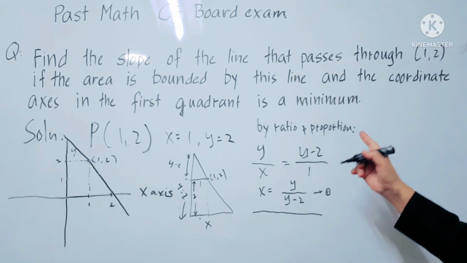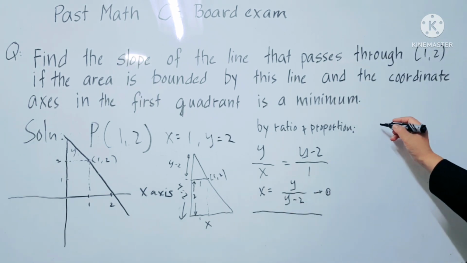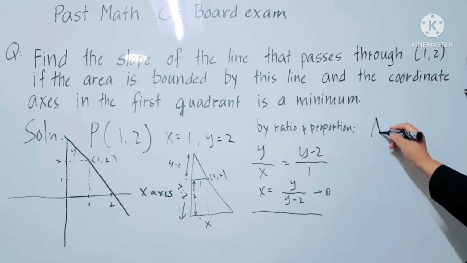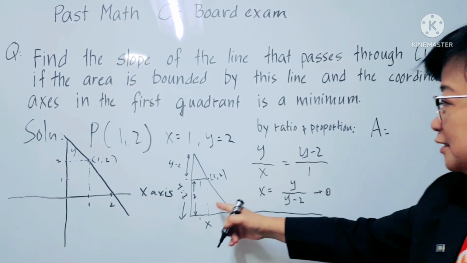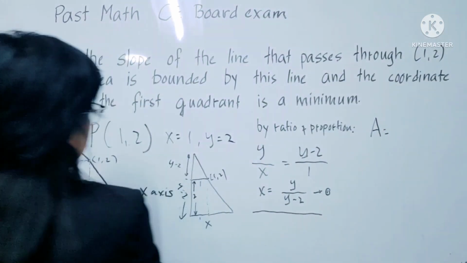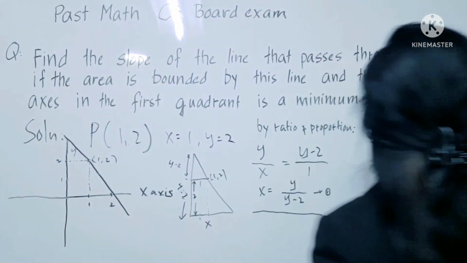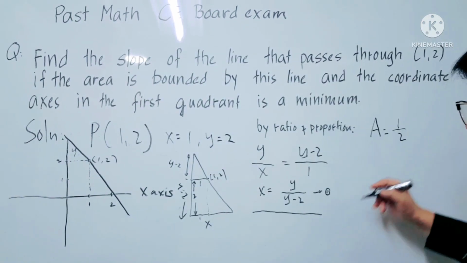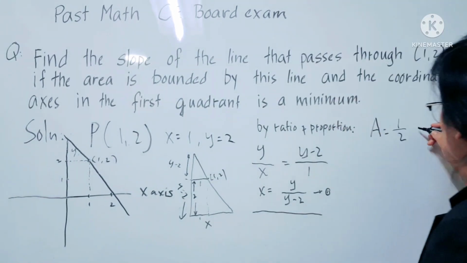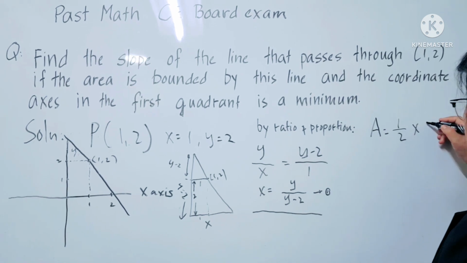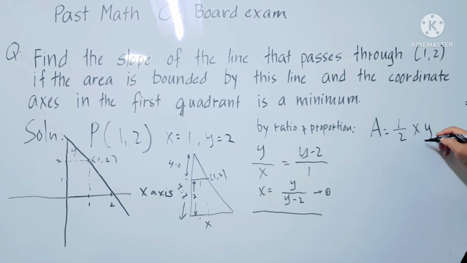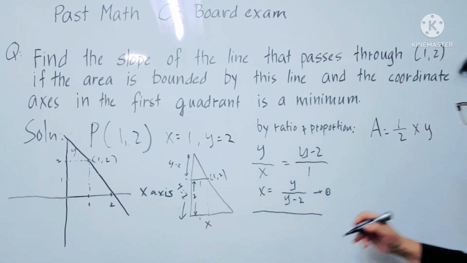Now, by using the area formula, the area of this triangle bounded by the line and the x-axis and the y-axis is equal to 1/2 the base, which is x, times y, which is the height.